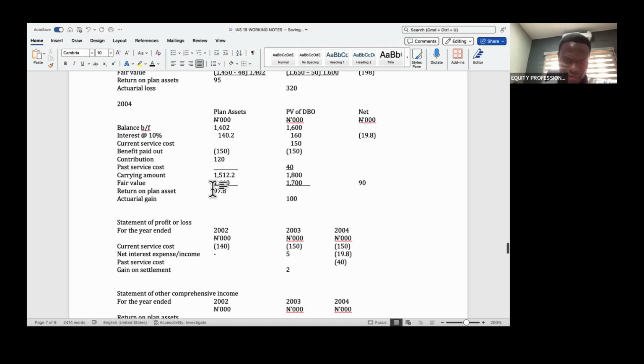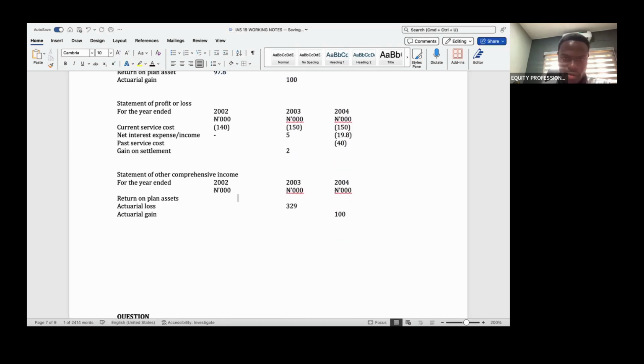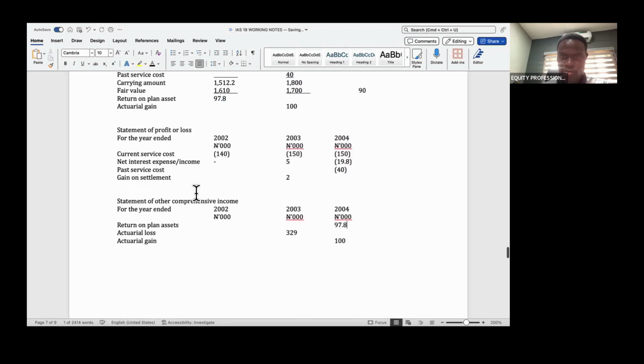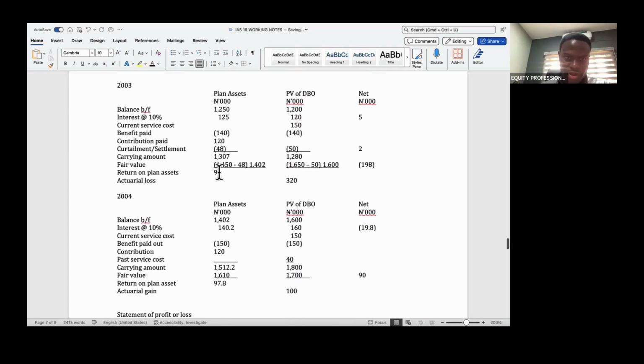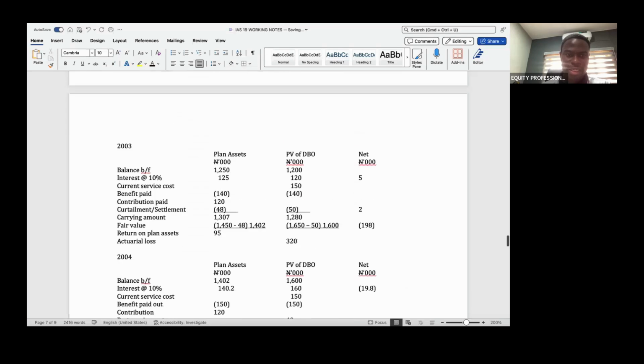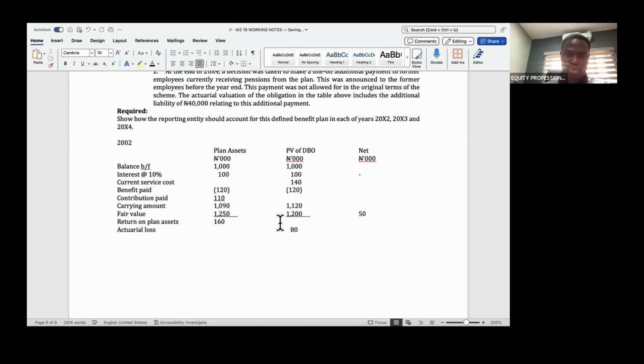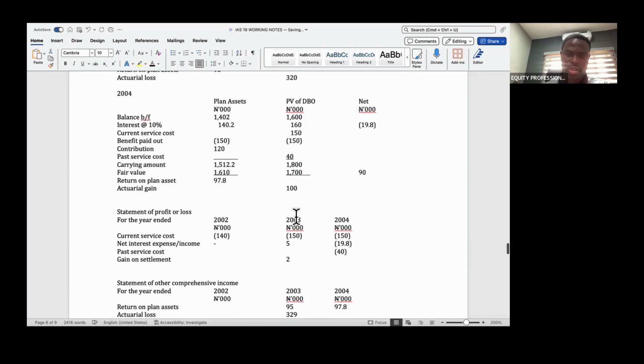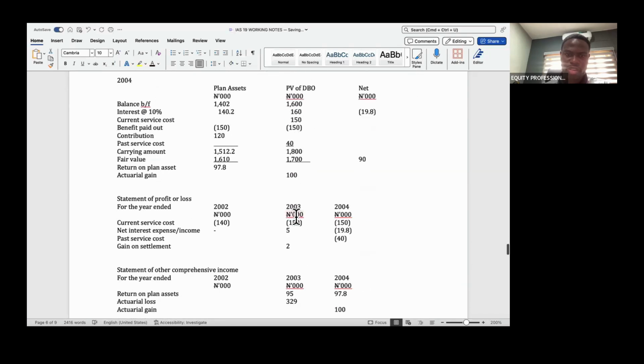Okay, and even in 2004, there was a return on plan asset of 97.8. Even in 2003, there was a return on plan asset of 95. And in 2002, actual loss of 80, return on plan asset of how much? 160.